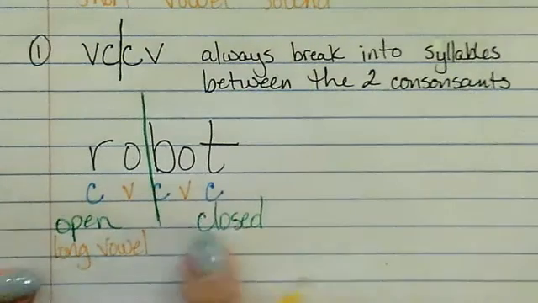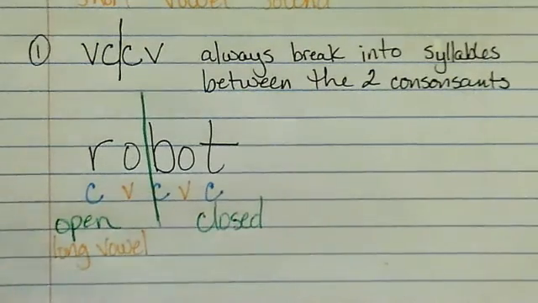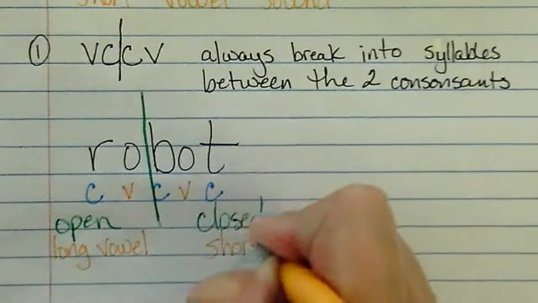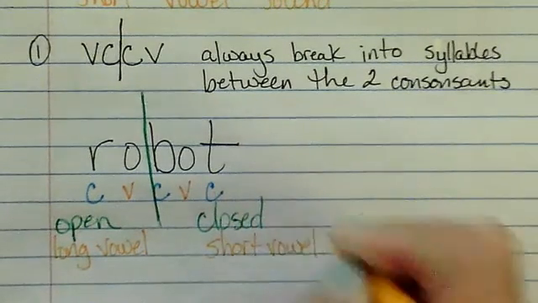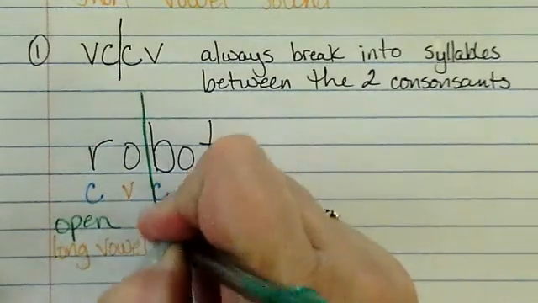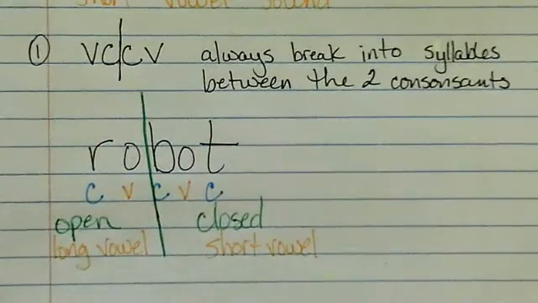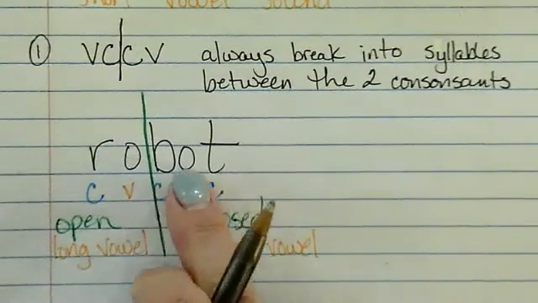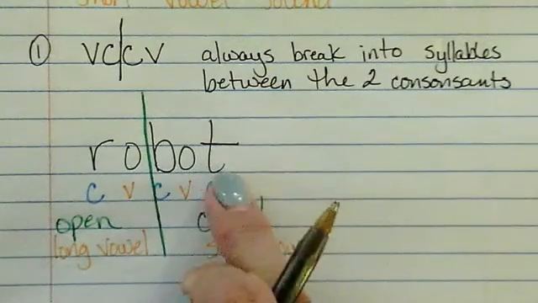How about this one? It says it's a closed syllable. So what sound is my O going to make on this side? That's right, it's a short vowel sound. So it's going to say ah, like octopus, right? So in this side, it says ah, so I have b, ah, t, bot.